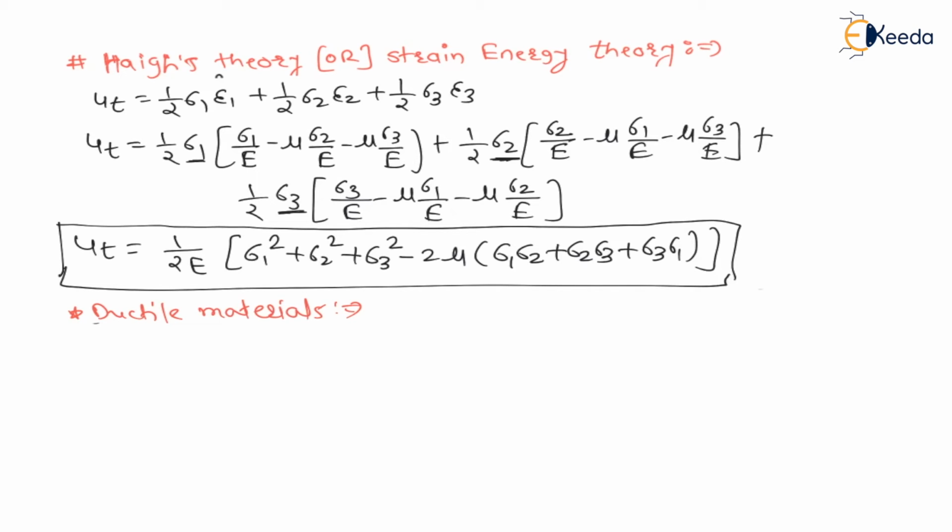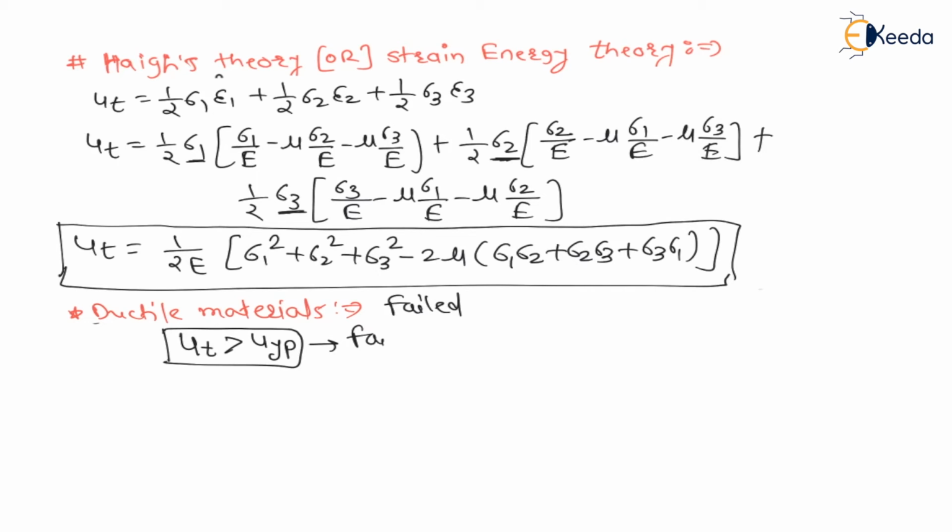That means the component is said to have failed if the total strain energy per unit volume, that is UT, exceeds the strain energy per unit volume at yield point under simple tension. If the total strain energy becomes more than the strain energy at yield point, then the ductile material fails.